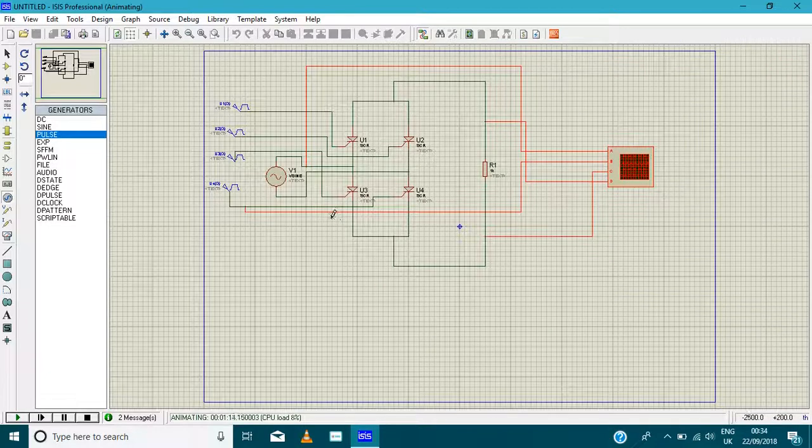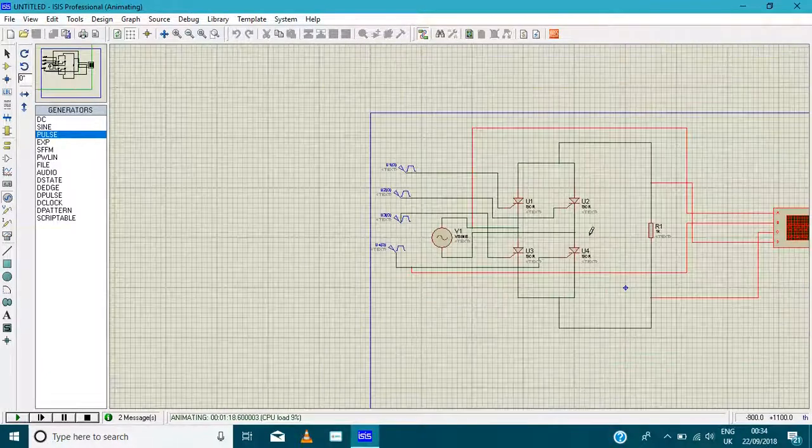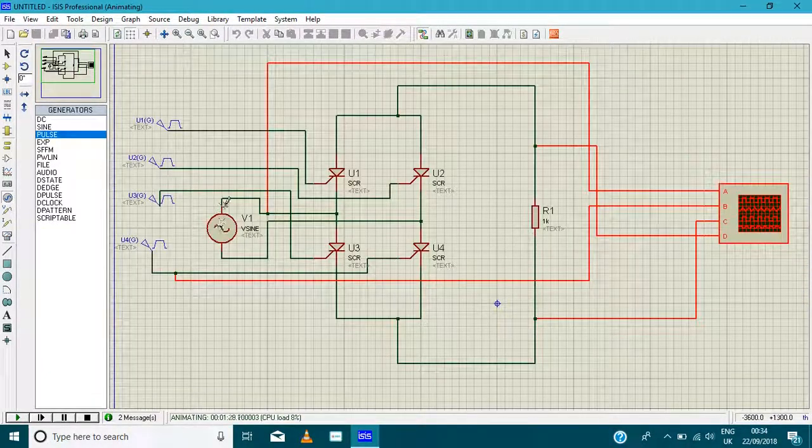So this is how a basic rectifier works. When current comes from there, it goes like this, flows through the component, then comes through this and goes into the ground.